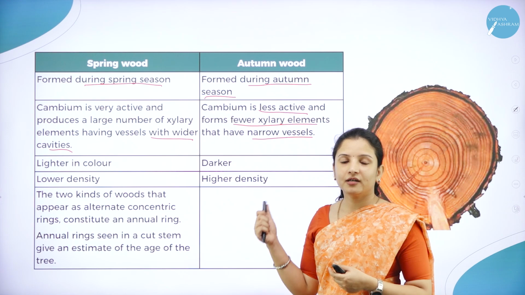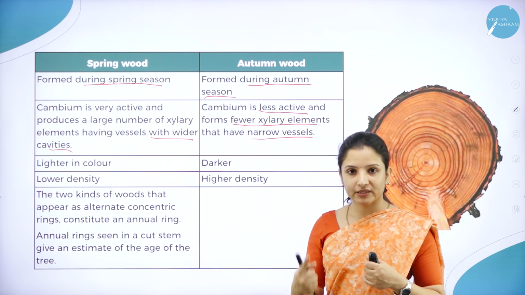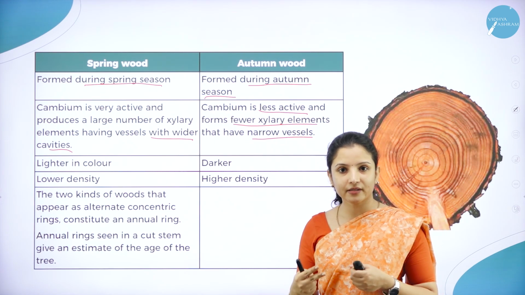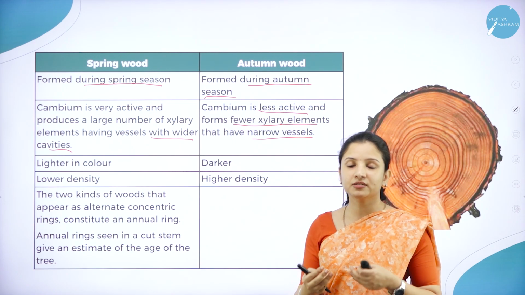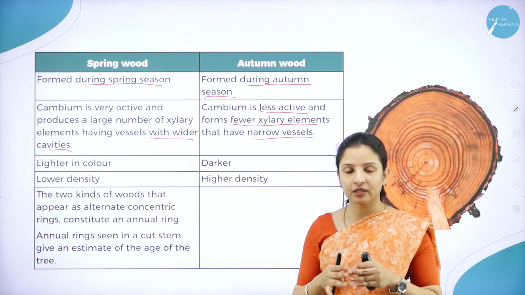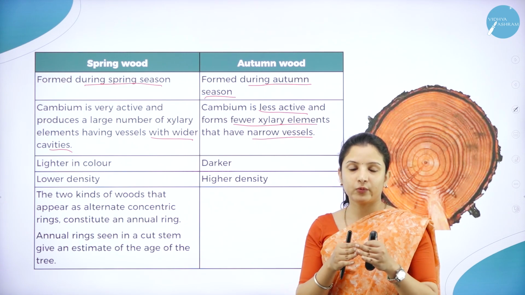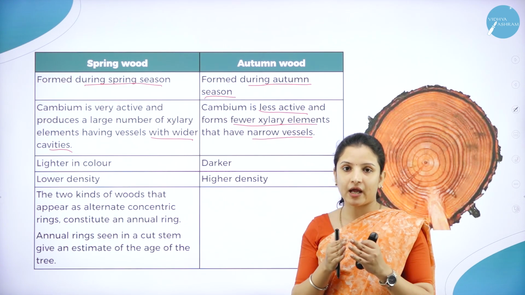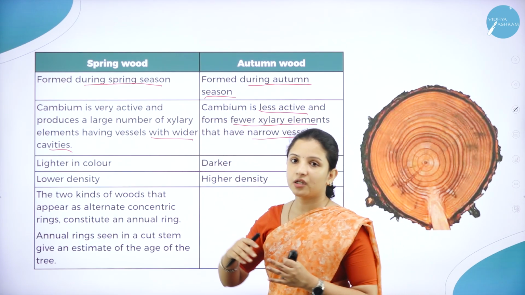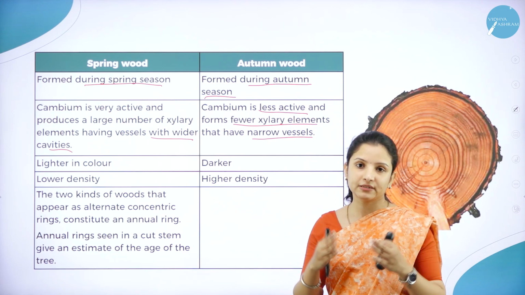So that is why here the xylem elements such as the vessels, the tracheids, the xylem parenchyma and the xylem fibers are formed less in number, and especially the vessels are very narrow when compared to that of the spring wood. The spring wood had broader vessels, right?